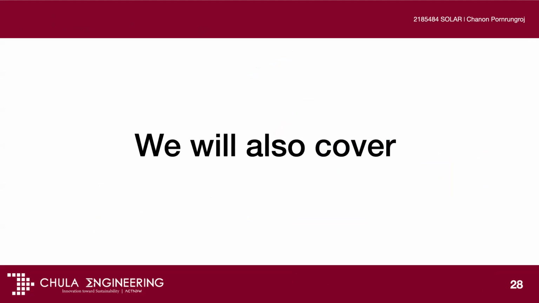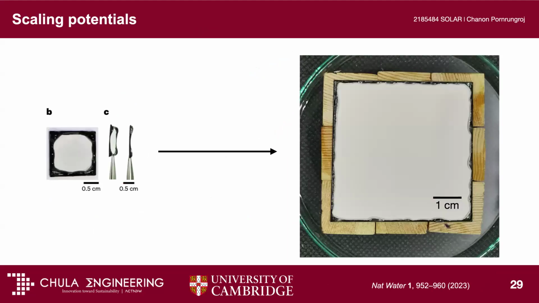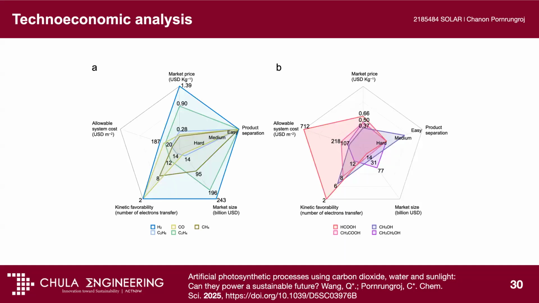This one I will go through next week. As I mentioned, in this lecture we also cover the scaling potential of all these different systems, and we will also discuss the techno-economics. If you see here, this is currently the main product we get from carbon dioxide conversion to fuels: hydrogen, carbon monoxide, and other things like formic acid, acetic acid, methanol, ethanol. So this is an analysis.